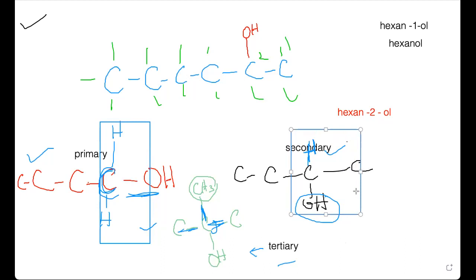In secondary, the carbon with which the alcoholic group is bonded is supported by two family members, and one will be hydrogen. In tertiary, the carbon bonded with the alcoholic group is supported by three family members, so it is stronger: tertiary alcohol, more stable. Is it clear to you?